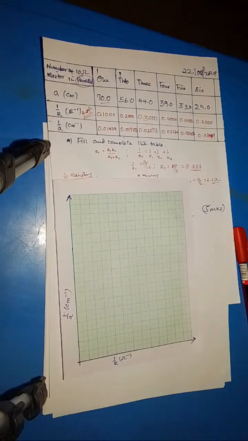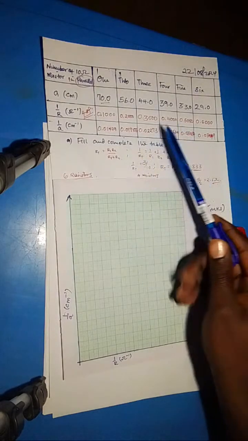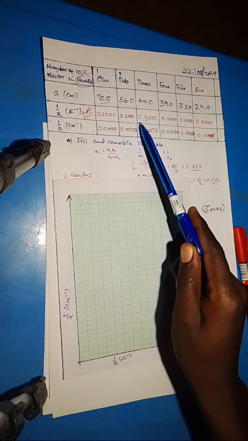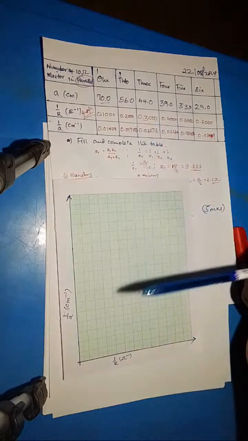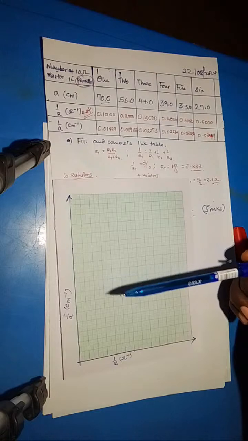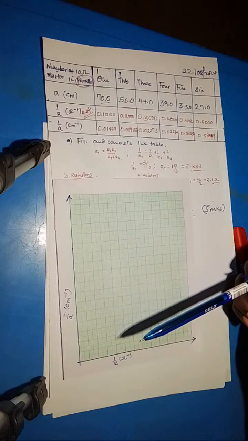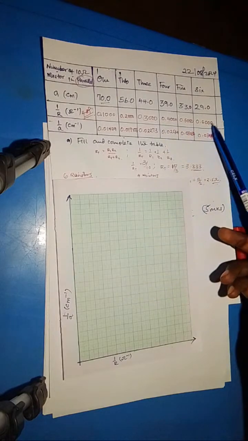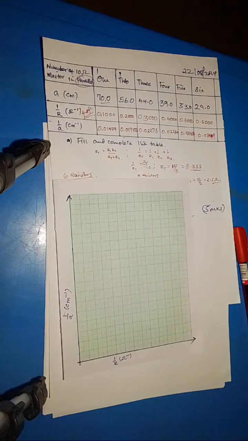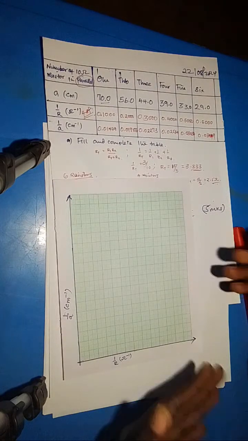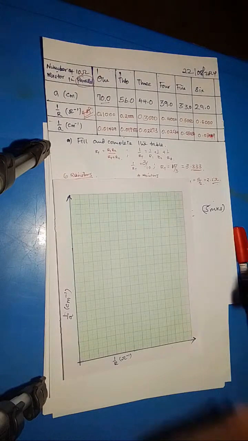Then now, you need to transfer what is in the table all the way to this graph. So the second thing, you choose a suitable scale. The scale for x-axis may not have problems because it's just simple: 0.1, 0.2, 0.3, 0.4, 0.5, 0.6.